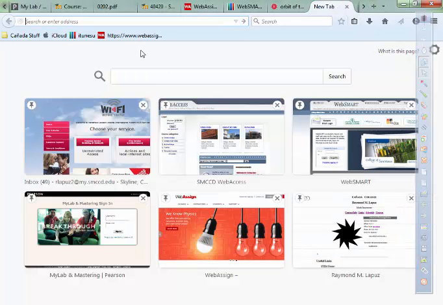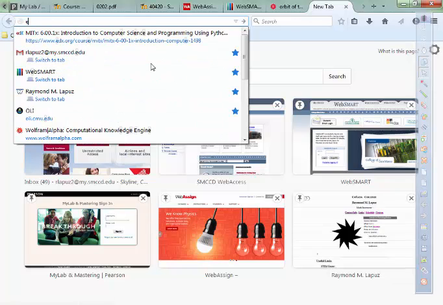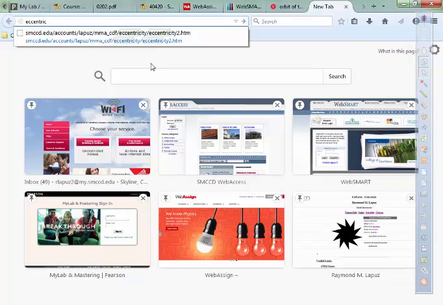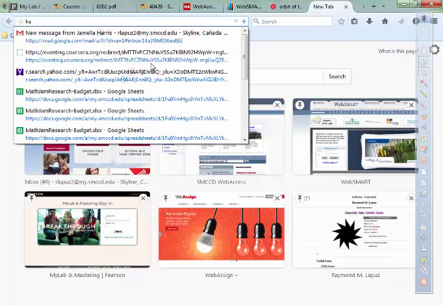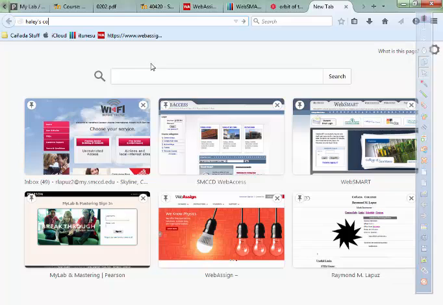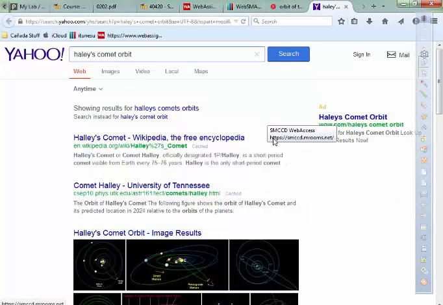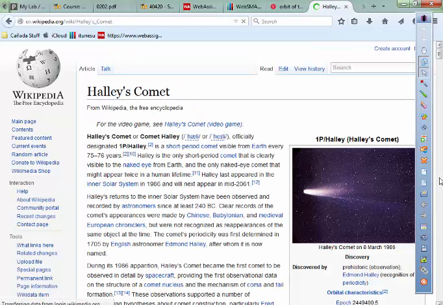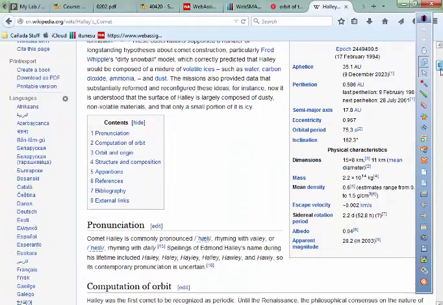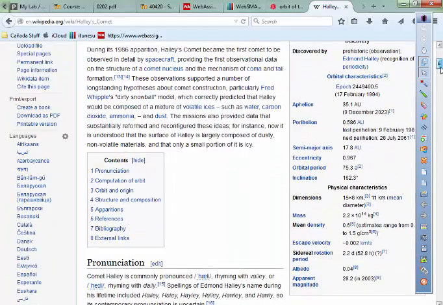You know Halley's Comet? That's another interesting eccentricity. The eccentricity for Halley's Comet is 0.967, for example.